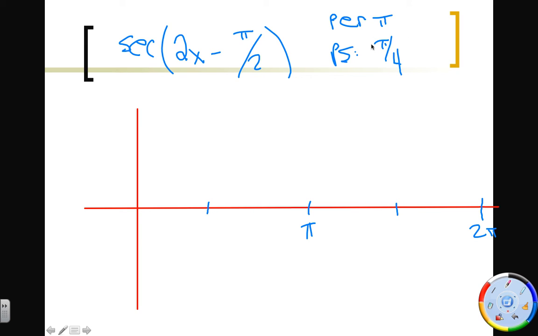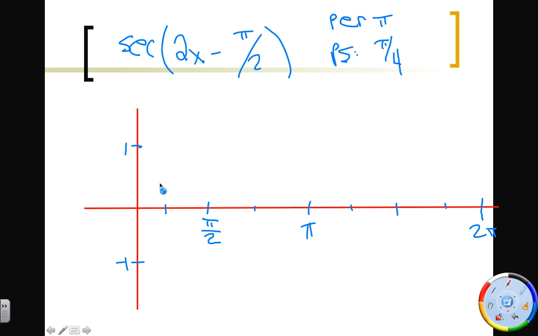I need some sort of pi quarters, so I'm going to go all the way down to pi fourths. So here's pi halves. So I'm going to deal with cosine, because really I want the reciprocal of cosine. So cosine is going to look like this. Let's go up here to 1 and down to -1.